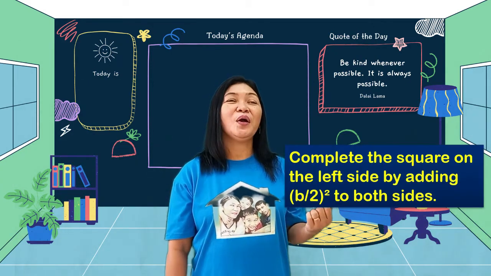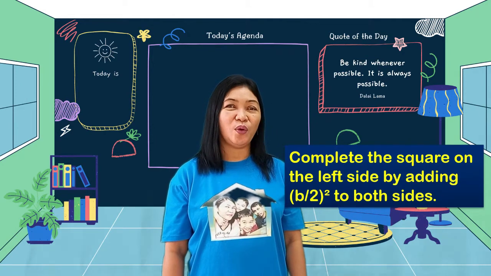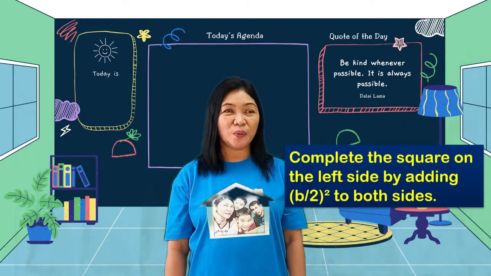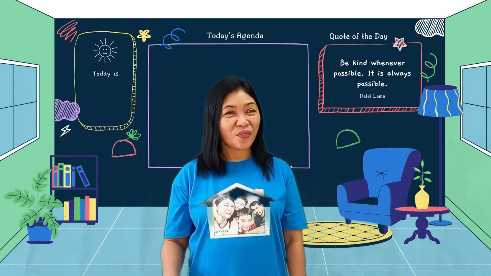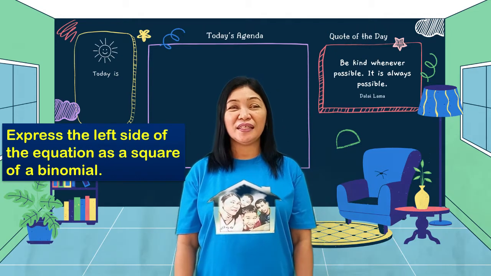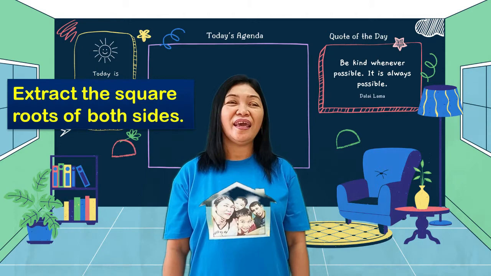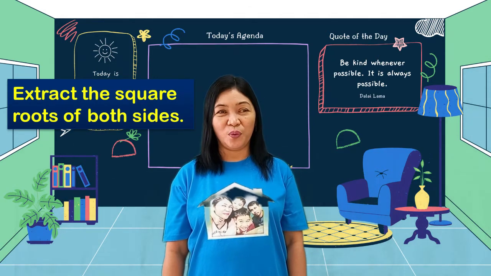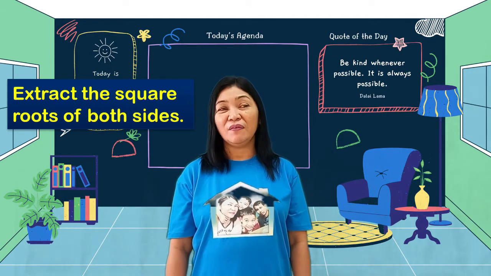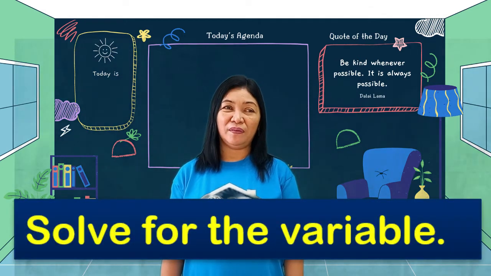Second, complete the square on the left side by adding the square of half of b to both sides. Third, express the left side of the equation as a square of binomial. And the fourth, extract the square roots of both sides. Fifth, solve for the variable.